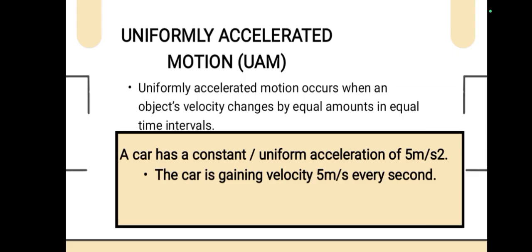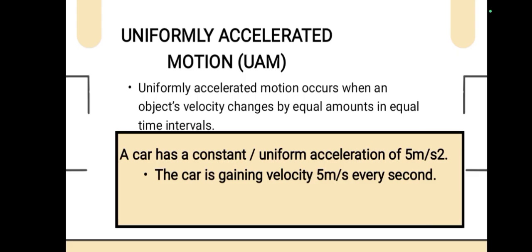At 1 second, it's moving 5 meters per second. 2 seconds after, it is now moving 10 meters per second. 3 seconds, 15 meters per second. After 4 seconds, it's 20 meters per second.